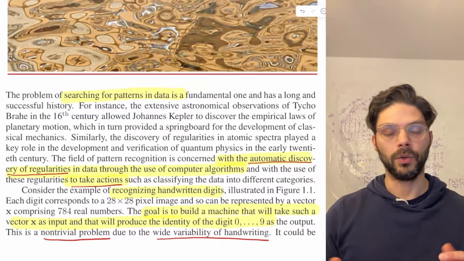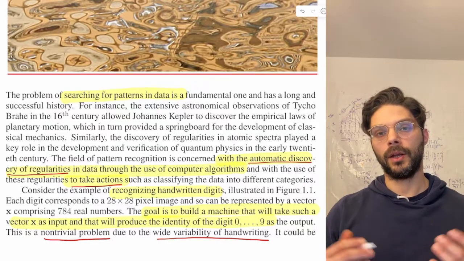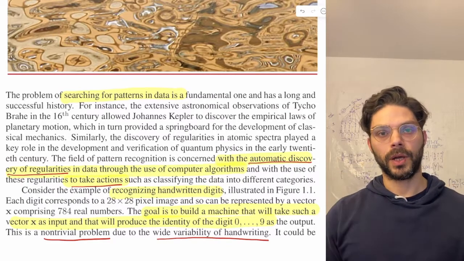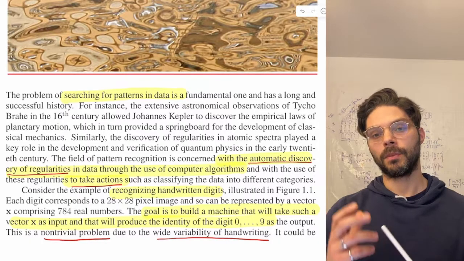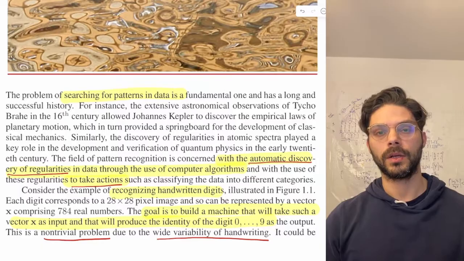And there's a cool example of this that happened in the 16th century, where this very wealthy Danish guy who was a big astronomy enthusiast, he had an observatory, and he had people take very precise measurements of the orbits of the planets and astronomical bodies.